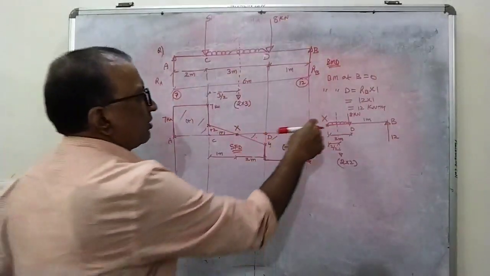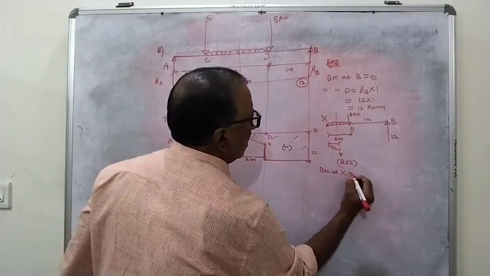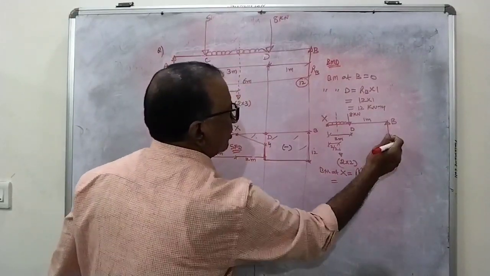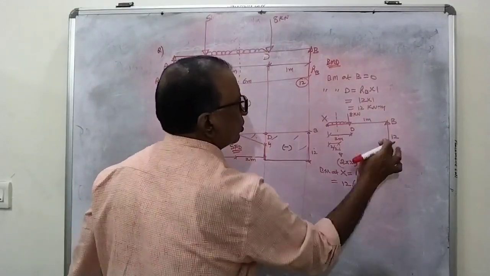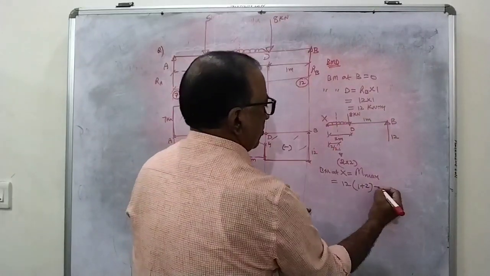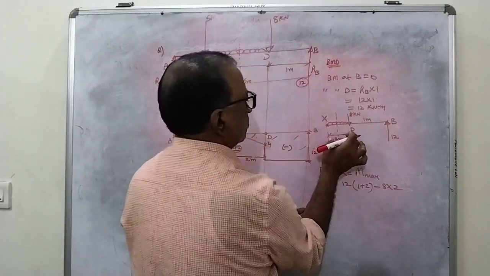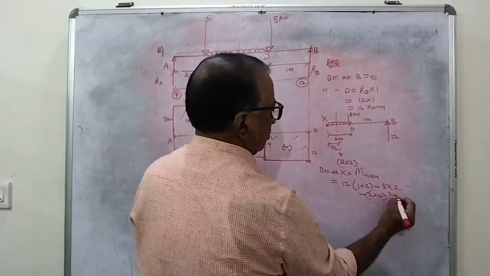Why? Because I have to calculate the bending moment at X, which is the maximum bending moment. Mmax is equal to, starting from the beginning, 12 into 1 plus 2, downward, minus 8 into 2, minus 2 into 2 into 2 by 2.